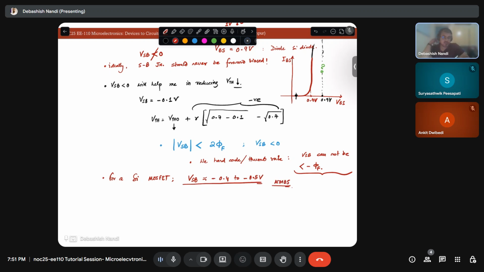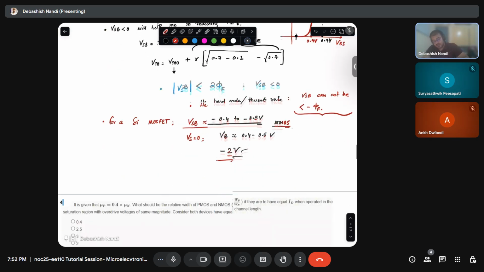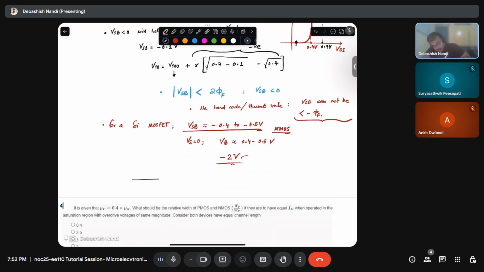Or in other terms, if your source is grounded, if your VS is grounded, your VB can maximum go 0.4 to 0.5 volt positive. Minus you can take it up to 2 volt as well. Okay. Minus there is no issue. So if I plot a real line, let's say this is the line of VSB for an NMOS.